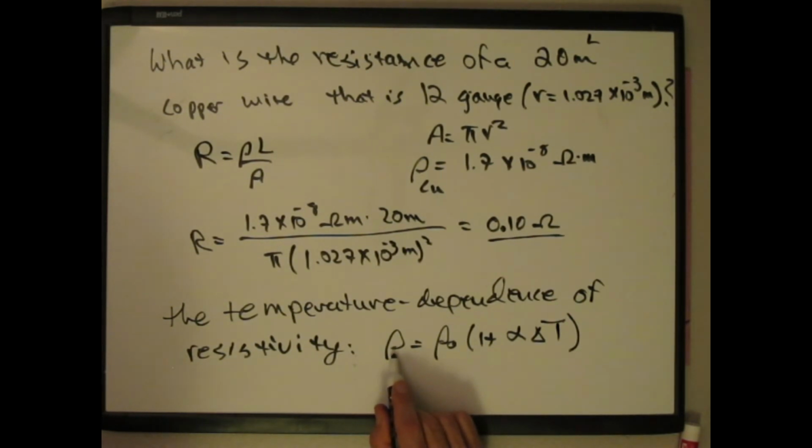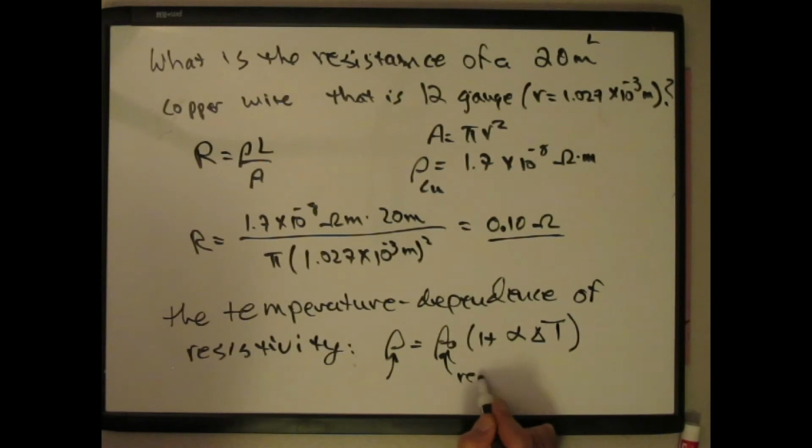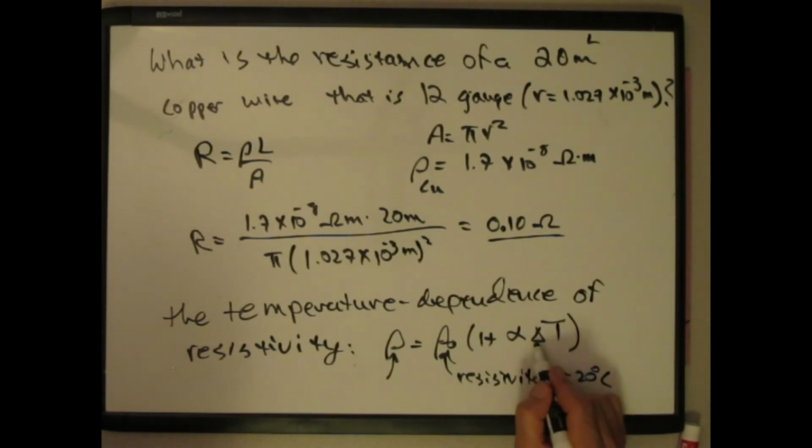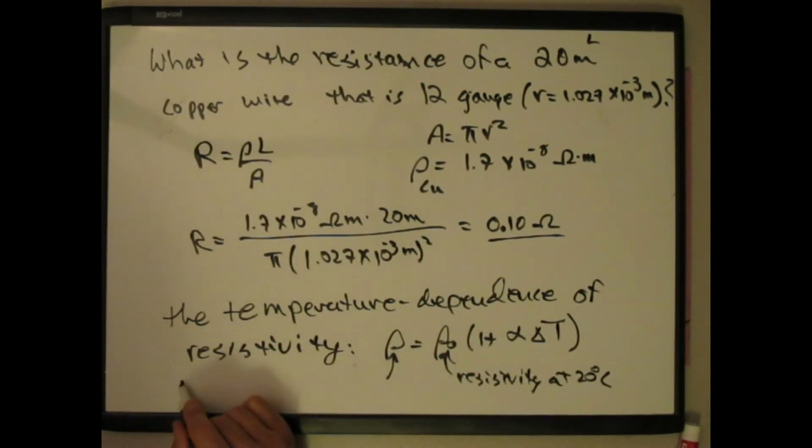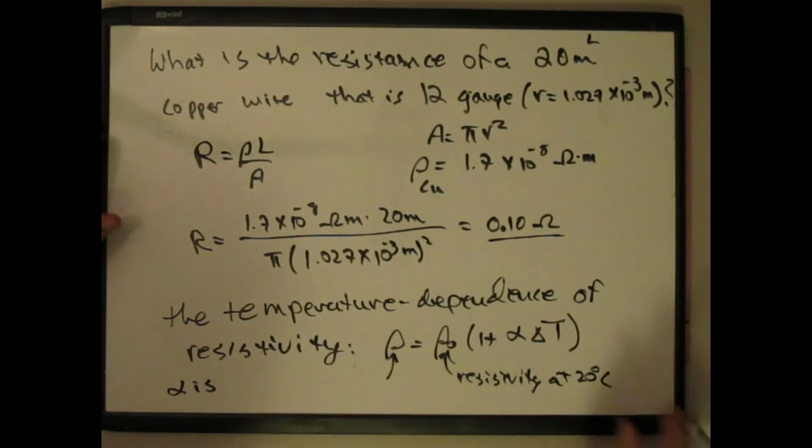Rho is just the resistivity of a material at some temperature. Rho naught is the resistivity at 20 degrees C, room temperature, right? Delta T is the temperature difference from room temperature. So, if this is inside your computer, it might be 100 degrees Celsius or something like that. And so this would be room temperature, and so delta T would be 80 degrees Celsius, right? And then alpha, I'm going to have to write this at the top.